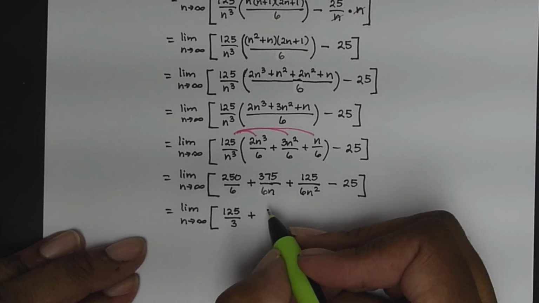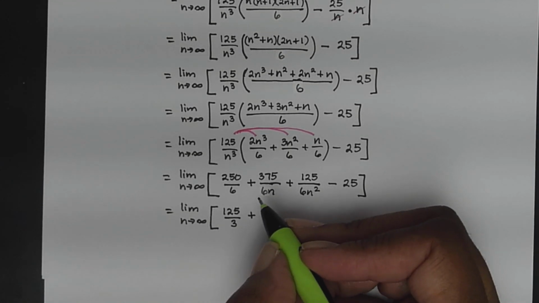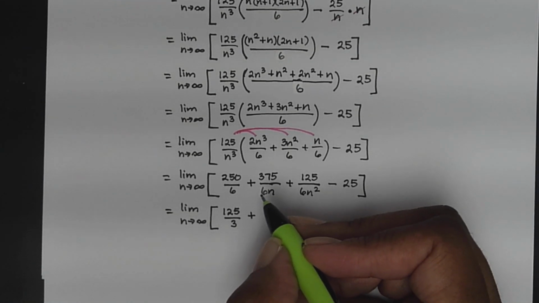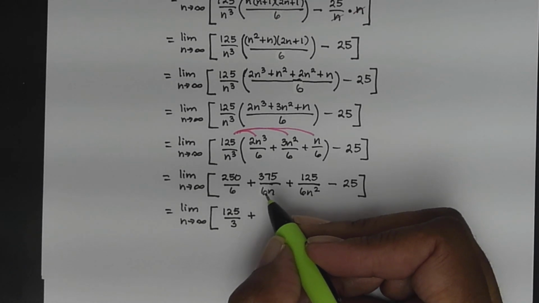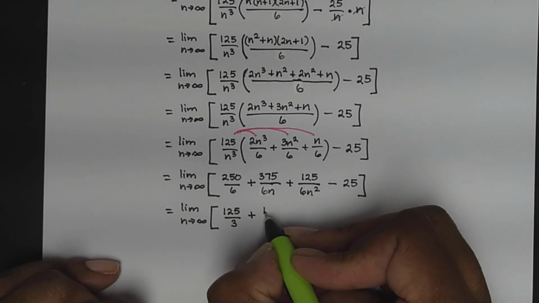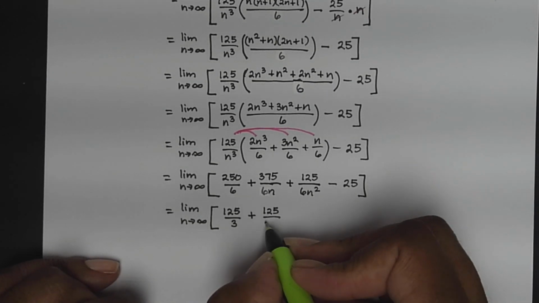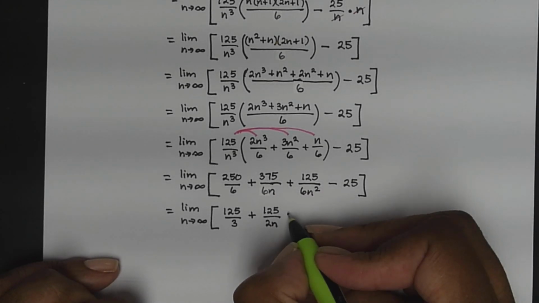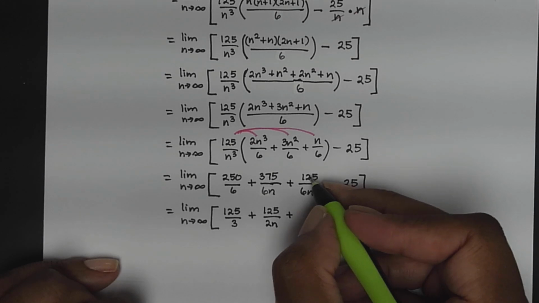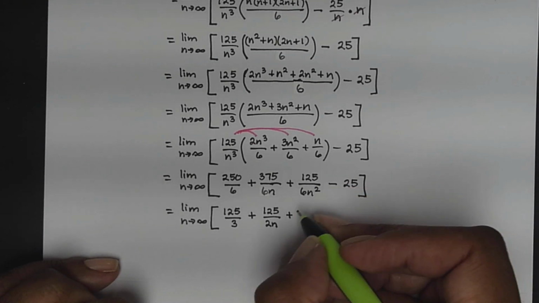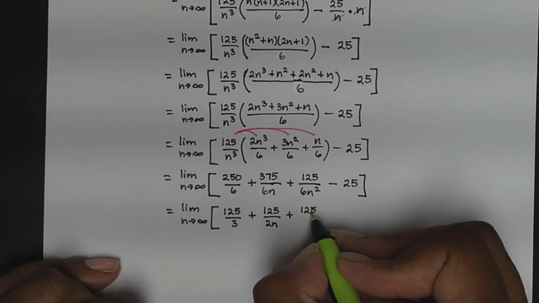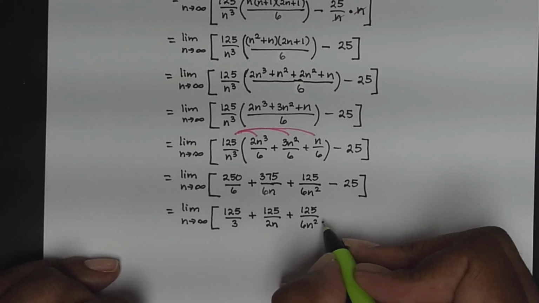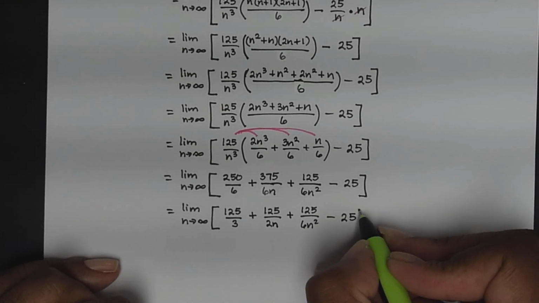Plus, if I divide 3 into 375, I'm going to have 125 over 2n. 3 goes into 6 2 times. And this will still have to be 125 over 6n squared minus 25.